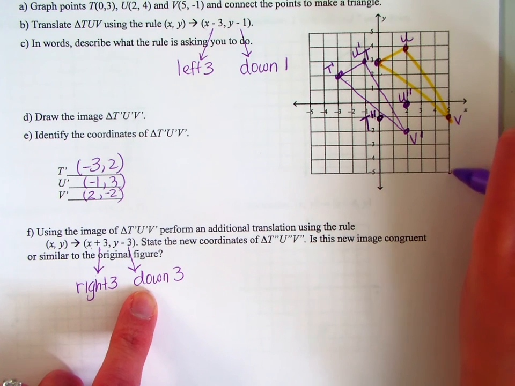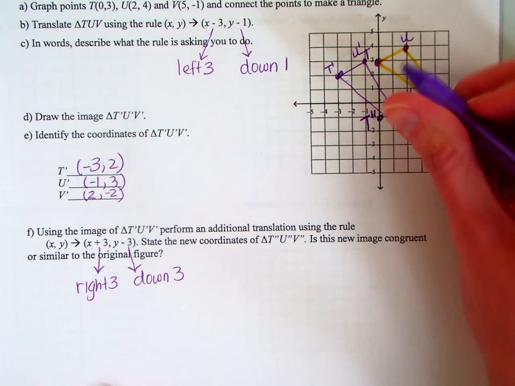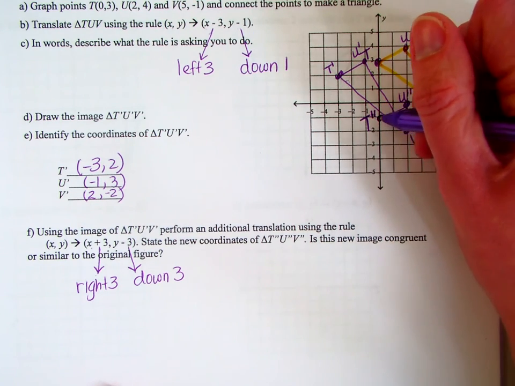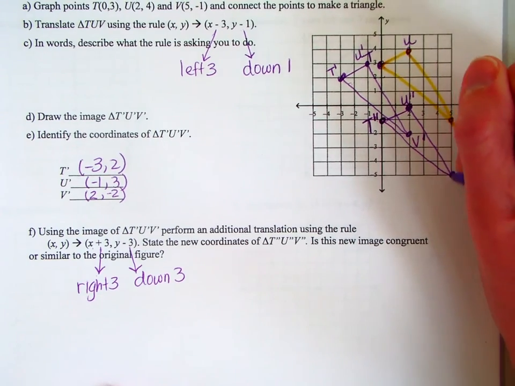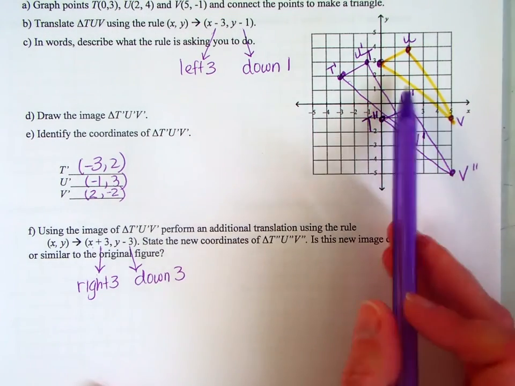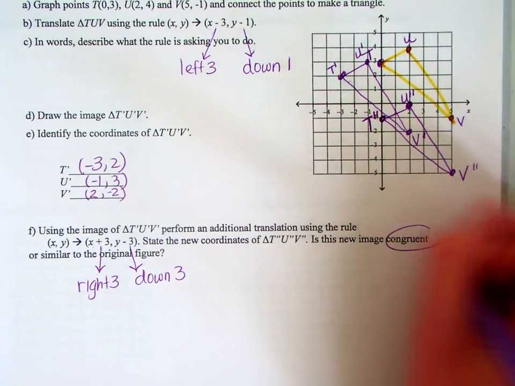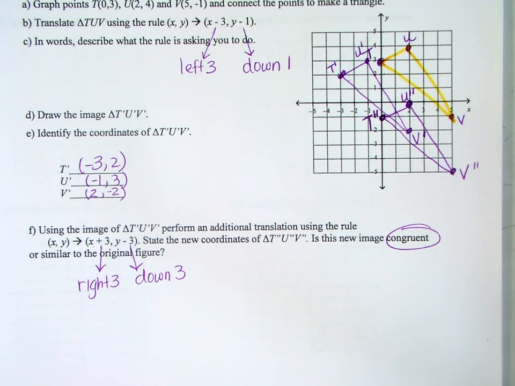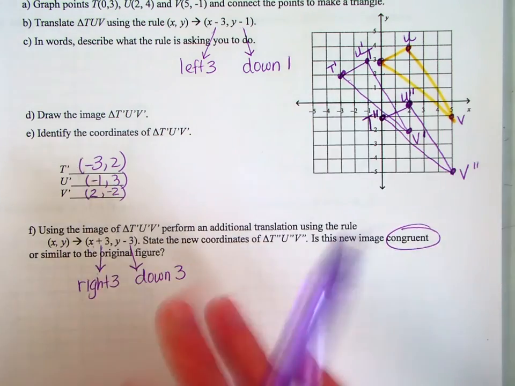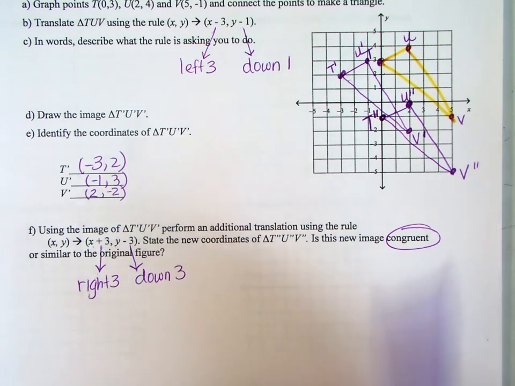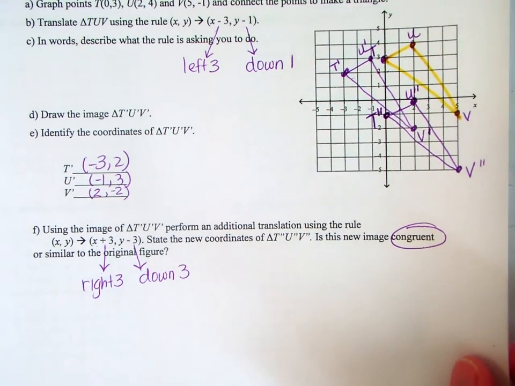And notice it's still the same triangle. They kind of overlap here. Another congruent triangle. Okay, so all of them are congruent. We're just sliding the original triangle, and that is what's called the translation. All right, you can move on to the next worksheet. We're going to do some more examples together.